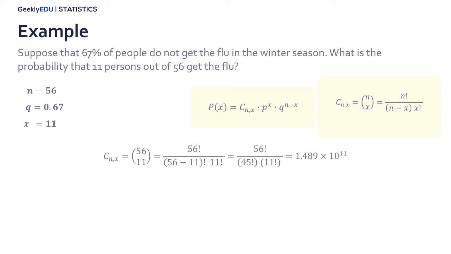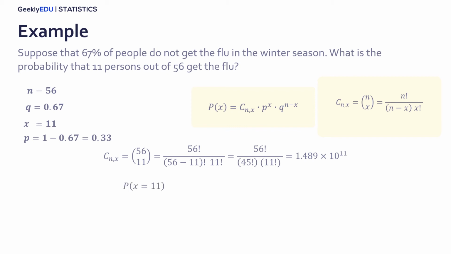Now we are going to substitute the values in the binomial probability equation, but the probability of success p is missing. We know that the sum of q and p is equal to 1. Therefore, p is equal to 1 minus 0.67 equal to 0.33.